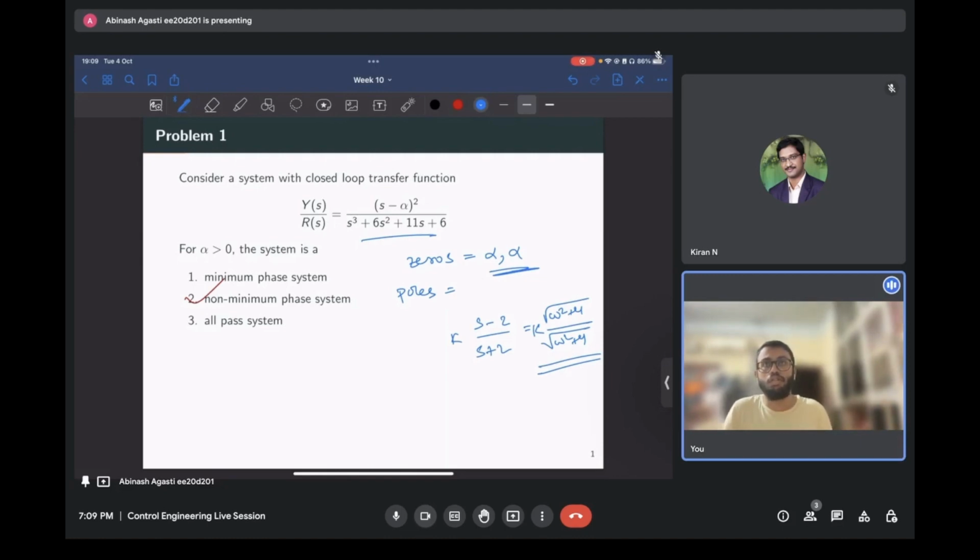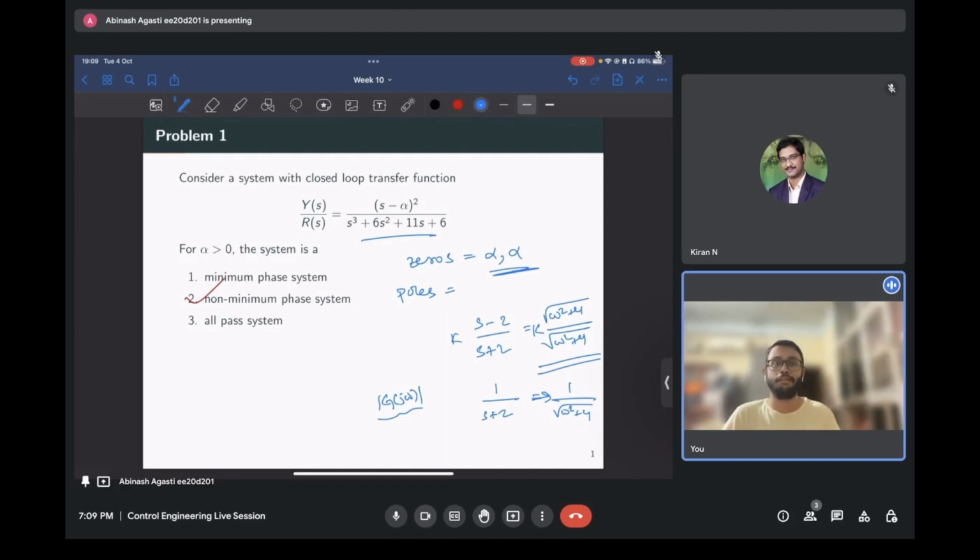But suppose you have something like 1 by (s plus 2), then the magnitude is 1 over root of (omega squared plus 4). So the gain via this transfer function at s equals j omega will go to 0 very quickly as omega goes towards infinity.